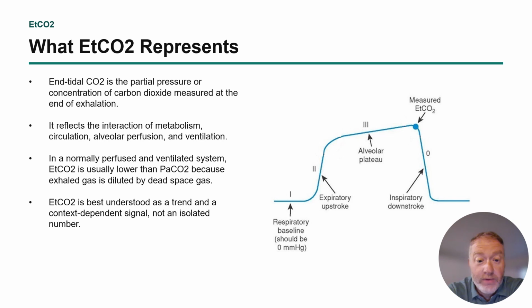In a normally perfused and ventilated system, the end tidal CO2 is usually lower than the arterial CO2 because exhaled gas is diluted by dead space. So, and this bottom point is probably my favorite here. End tidal CO2 is best understood as a trend and a context dependent signal, not an isolated number.